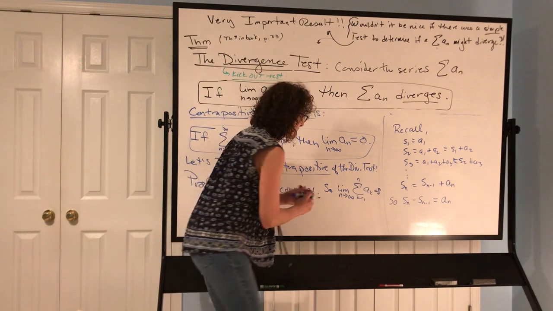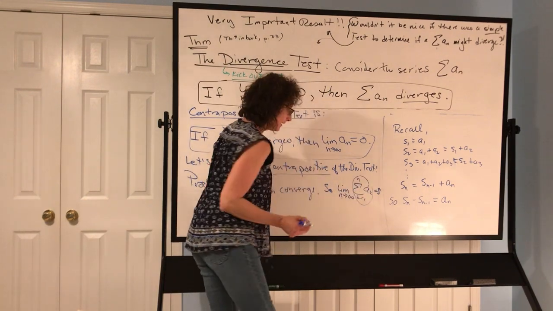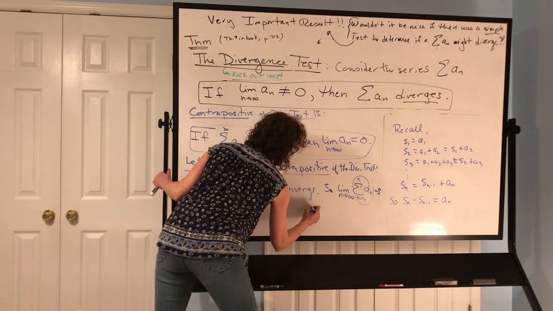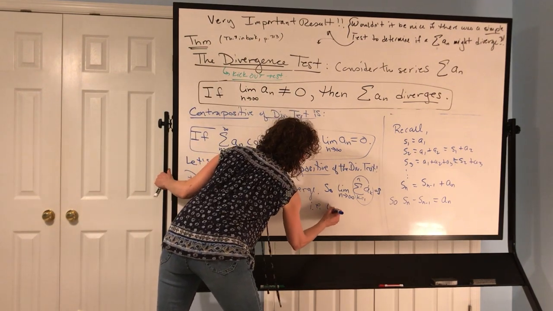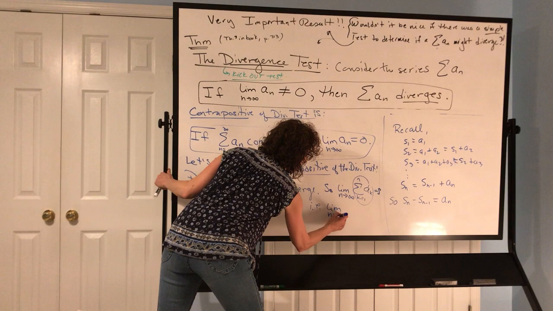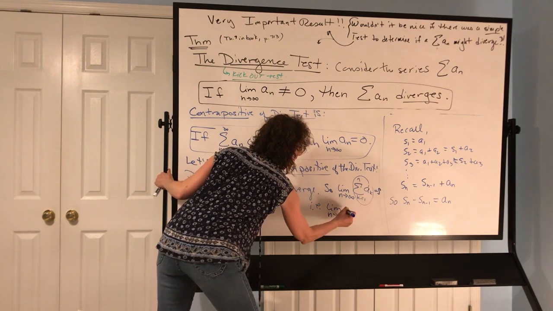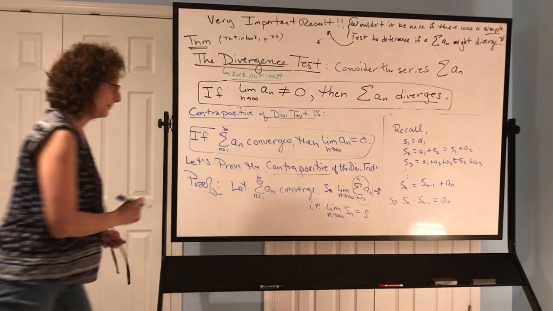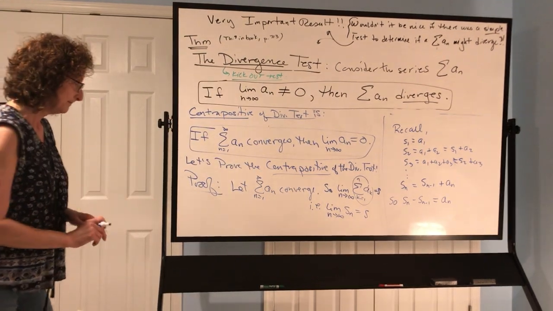But what is this expression right here? I.e. the limit as n goes to infinity of, what is that? S sub n. S sub n is the nth partial sum. The limit of S sub n is s, right?